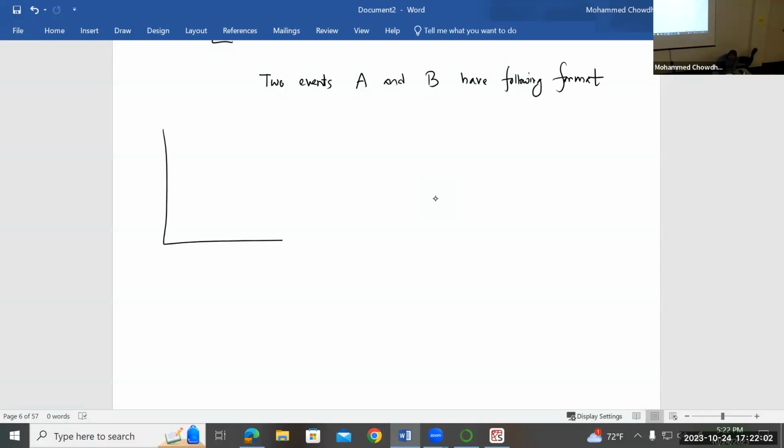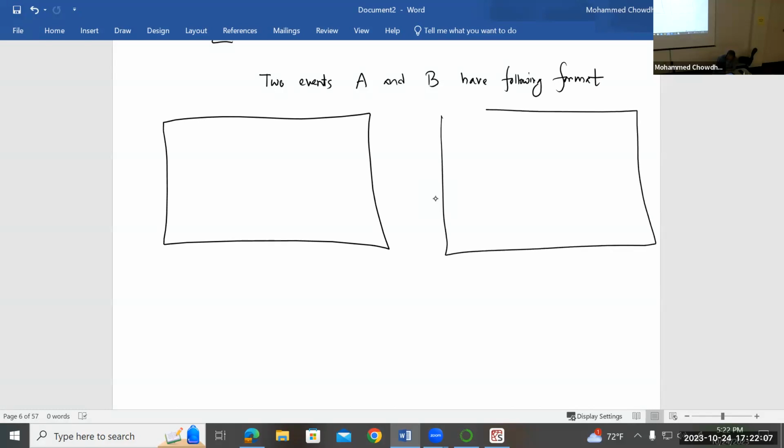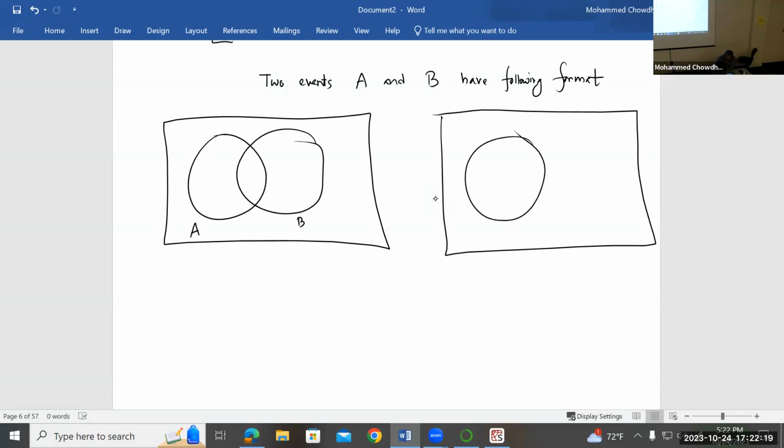I want to ask you a question. Even at the graduate level, I ask this question. This is A and this is B. Understand? Now, A equal to what here? A equal to HH, HT, and B equal to HH, TT. So this is HH, this is TT, this is HT.